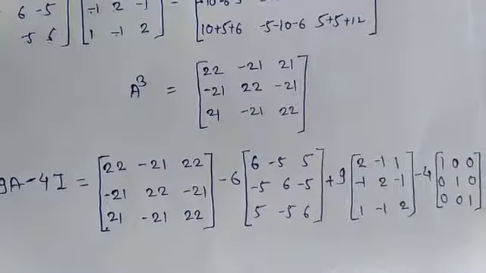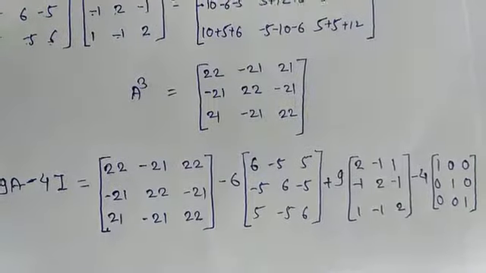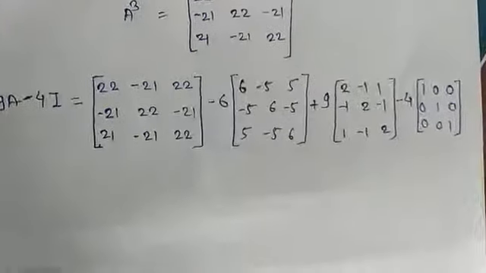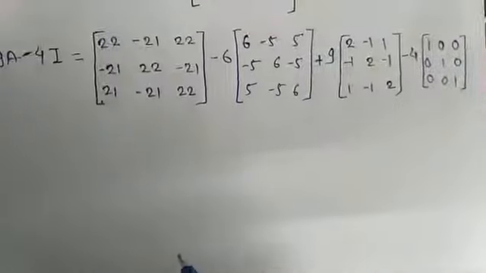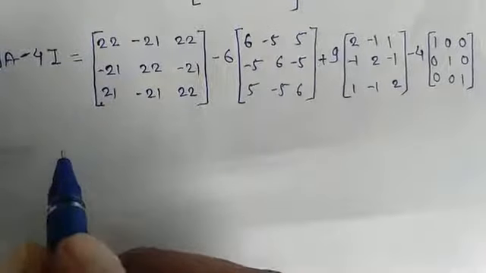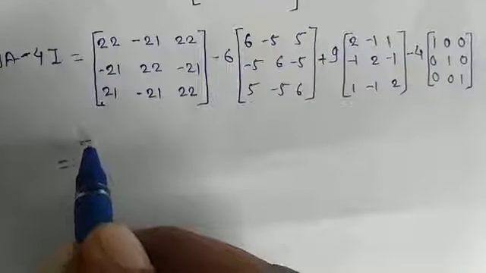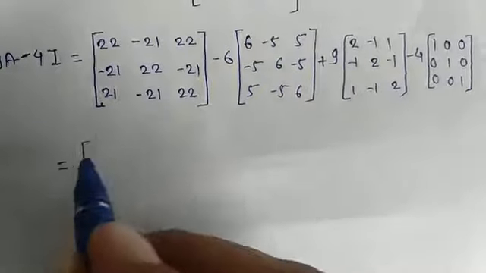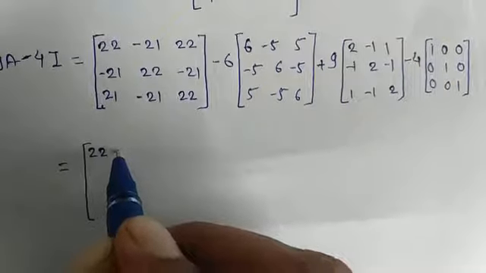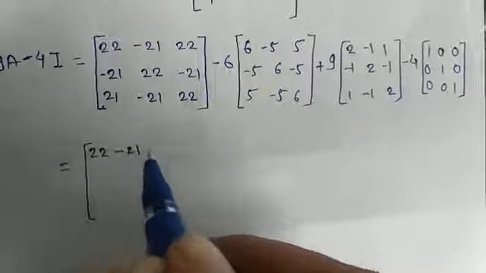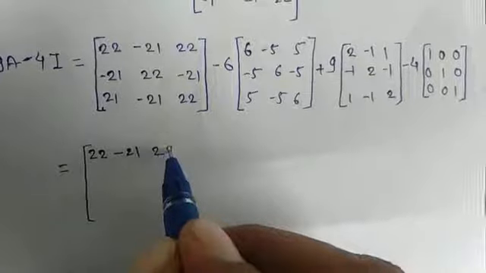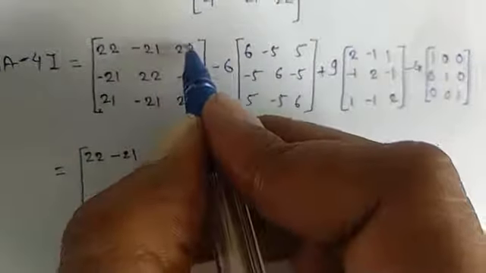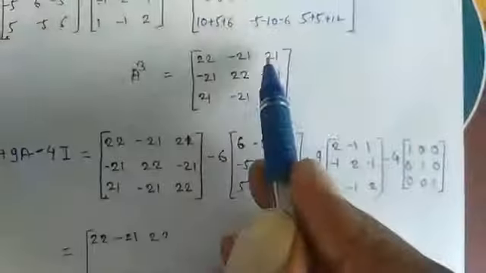Now we have to do scalar multiplication, and after that addition or subtraction. The first matrix is as it is, because there is no scalar term outside. So A cube: 22, here it is minus 21, sorry, here it is 21, I have written wrongly, here it is 21.